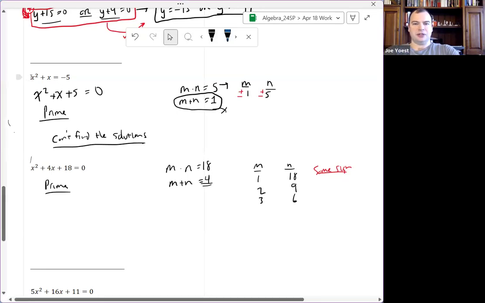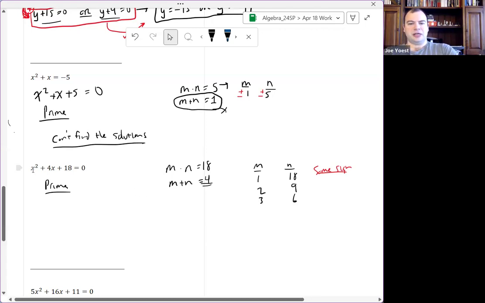Okay, so for these problems, we ended up actually having two problems that were both prime. So we had two problems that we ended up with a quadratic that we couldn't factor nicely. We weren't able to find solutions.